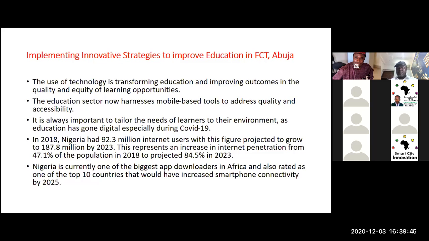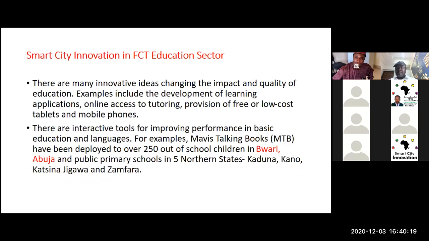This represents an increase in internet penetration from 47.1% of the population in 2018 to a projected 84.5% in 2023. Nigeria is currently one of the biggest app downloaders in Africa and is also rated as one of the top 10 countries that will have increased smartphone connectivity by 2025.